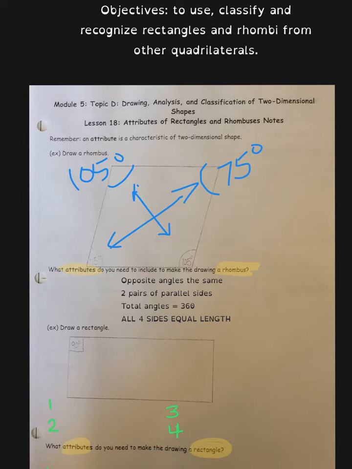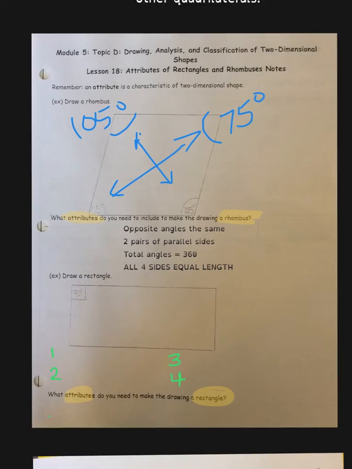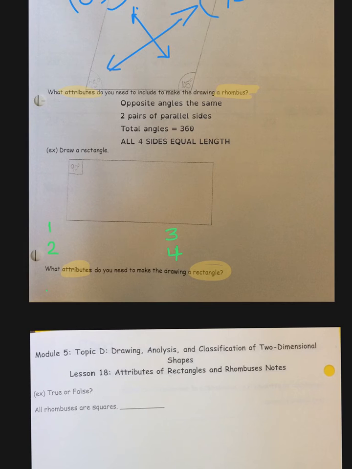So now we're going to move down to a rectangle. Okay? A rectangle is also a quadrilateral because it has 4 sides, right? 1, 2, 3, 4. It's also a parallelogram because opposite angles are going to equal each other.